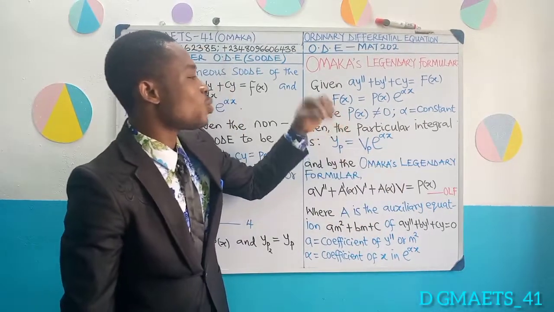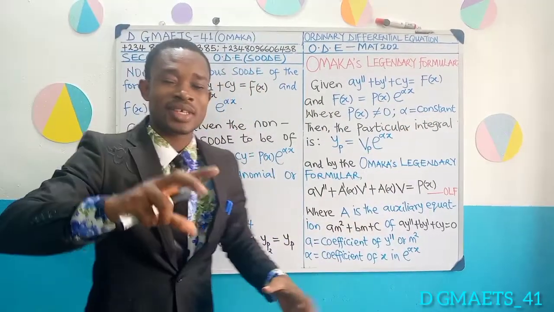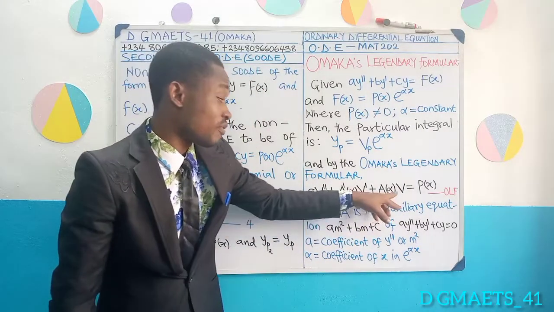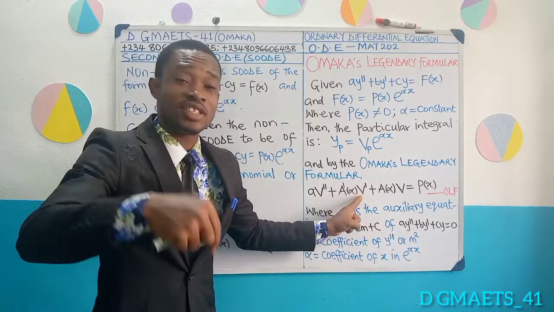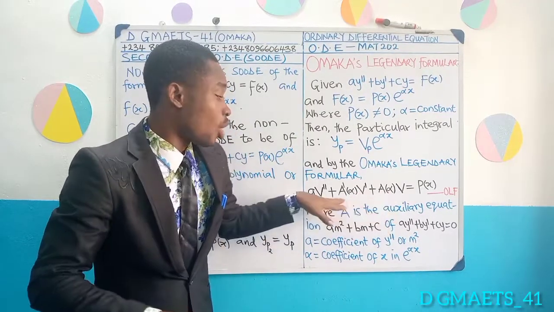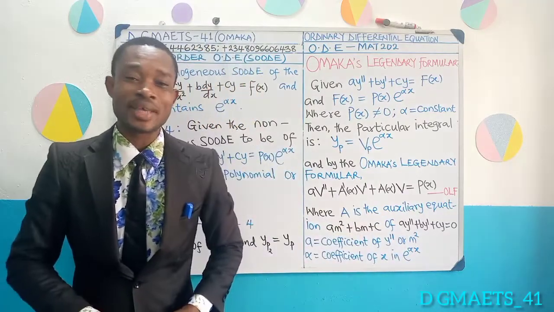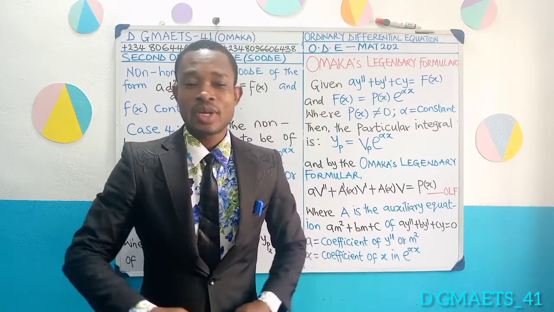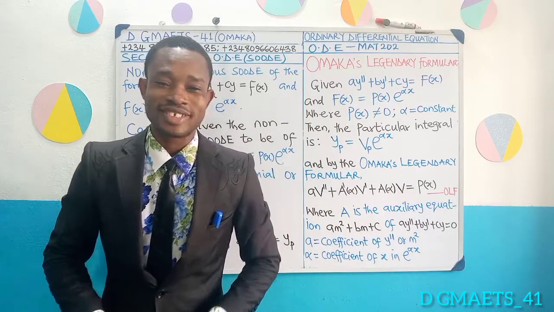And then, in a case where the exponential term in this f of x appears twice in the complementary function, then this first term, where you didn't differentiate v, and this second term, where you had the first derivative of v, these 2 terms will not be there in the Omaka's legendary formula, making the case even much simpler. In the next video, I shall introduce these cases and then we'll pick questions to see how we apply this Omaka's legendary formula in full.